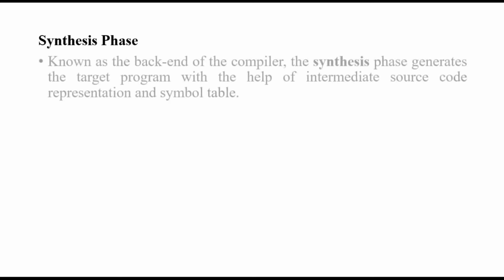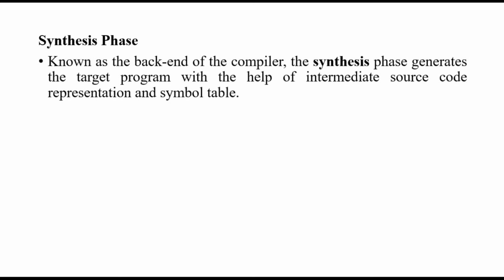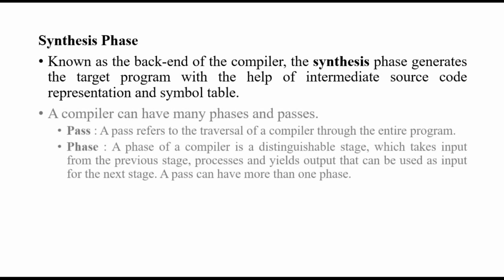Next is the synthesis phase. The synthesis part constructs the desired target program from the intermediate representation and the information in the symbol table. It is also known as the back end of the compiler. The synthesis phase generates the target program with the help of the intermediate source code representation and the symbol table.